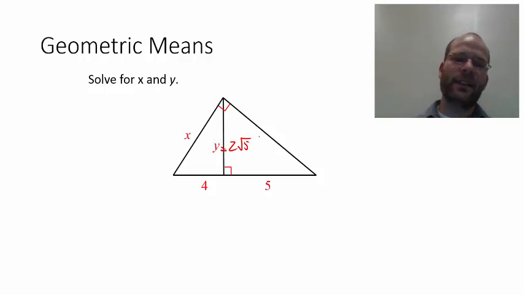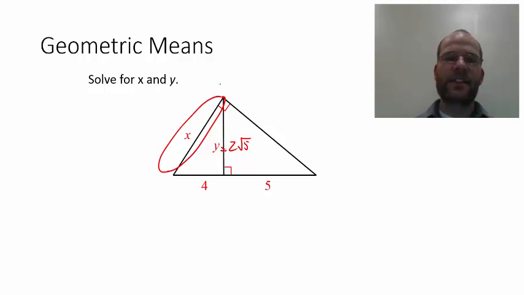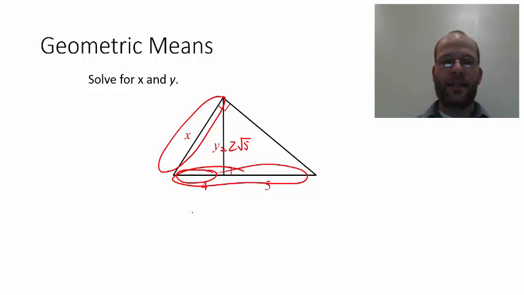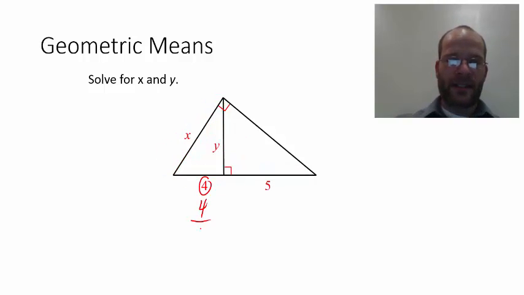What about x? How do we find x? The corollary to find x is a little bit more confusing. It says that each side is the geometric mean of the adjacent segment and the hypotenuse as a whole. In other words, 4 is to x as x is to 9.